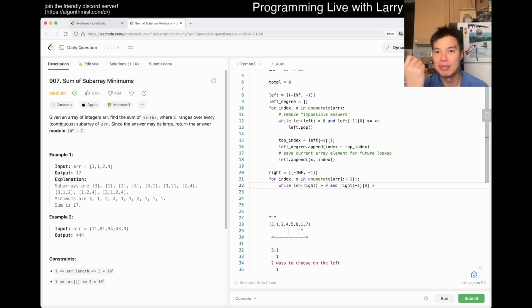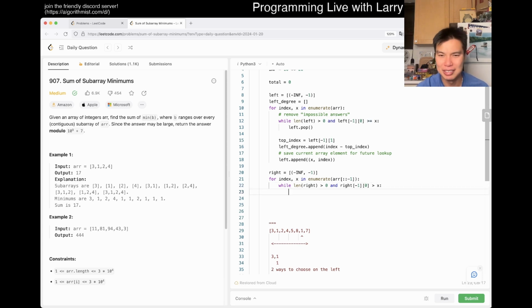In fact, if it is equal, then that's where you stop anyway. So this is the key thing: less than or equal to. Otherwise, you would just have one function, right? I mean, you still can, but it's more annoying to write.